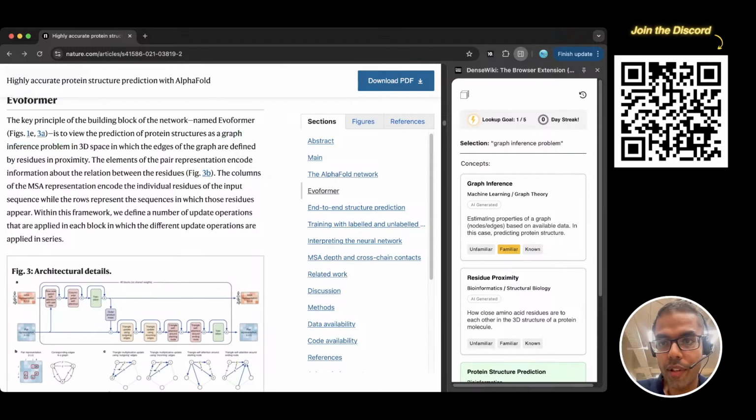The graphs here are basically the carbon atoms or the amino acids that act as the beads of the necklace, right?